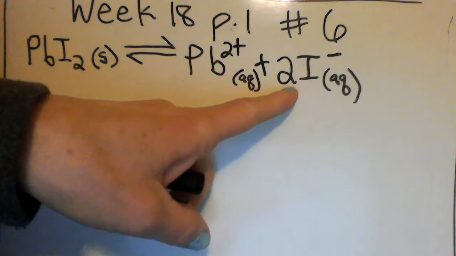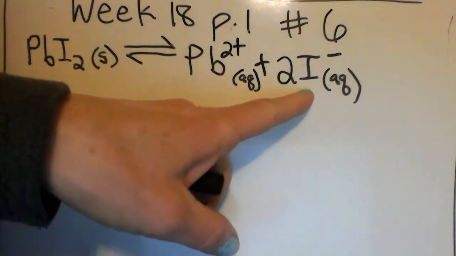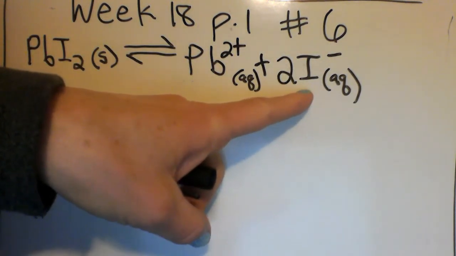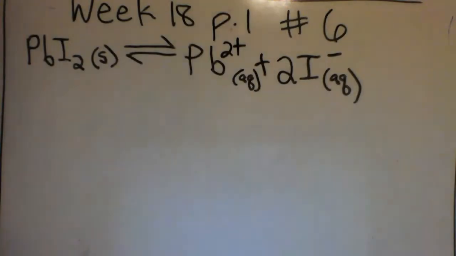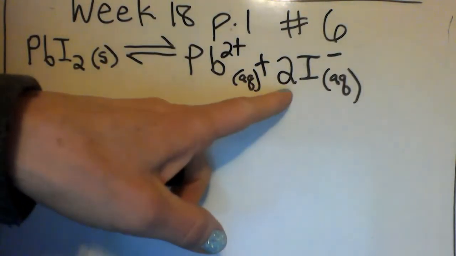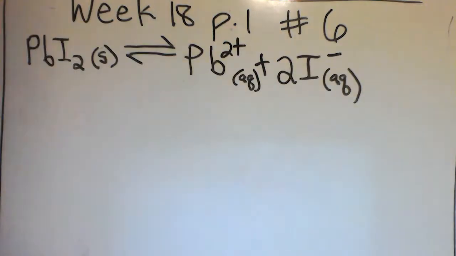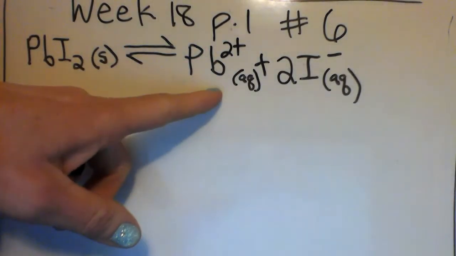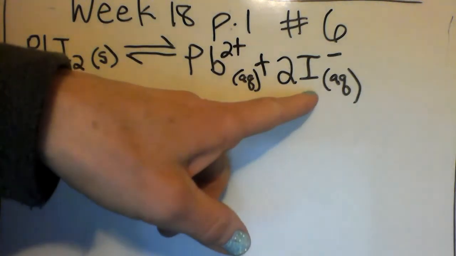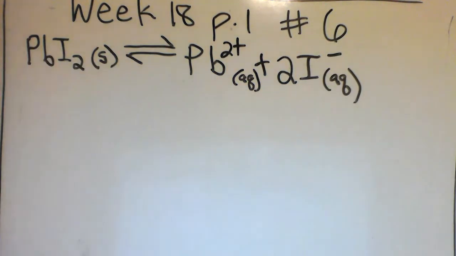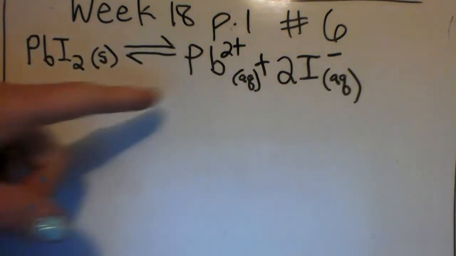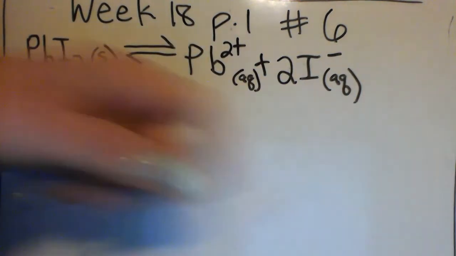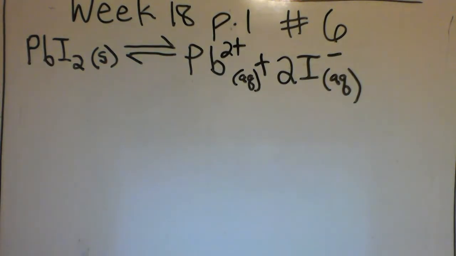There are 2 of them, so the total charge of iodine atoms in the solution is -2, because each of the iodines has 1 negative. The lead has a +2, and we know that because it has to balance out the charges on the iodine. So we have a +2 and a -2, and that adds up to 0.